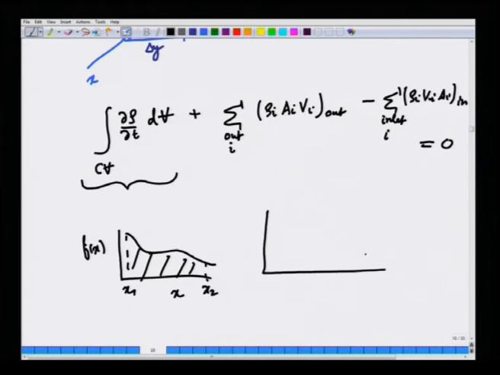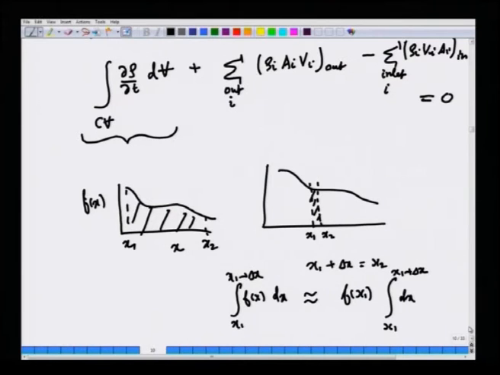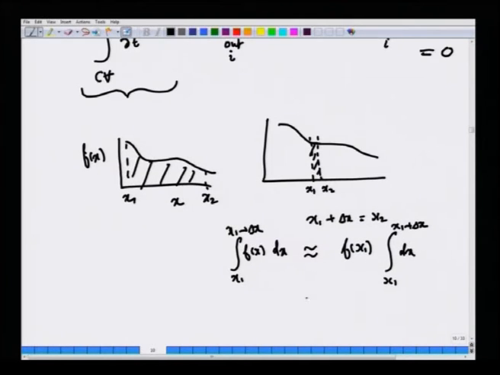If I am integrating between a very tiny difference, that is x1 plus delta x is x2, then to find the area under the curve, I can approximate the integral of f of x between x1 and x1 plus delta x as f of x1 times the integral from x1 to x1 plus delta x of dx. The reason is that the integrand f of x is not changing much over this tiny interval, so I can pull it out of the integral. This is simply the value of f of x at x1 times the integral, which is simply delta x.